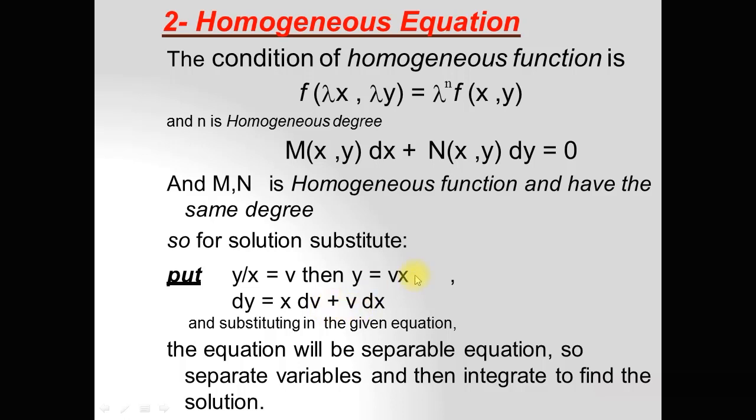It means that dy by dx is equal to v plus x dv by dx. After using these substitutions, we obtain a new differential equation in the variables v and x, and that equation will be easily separable, and then we can solve by taking the integration.